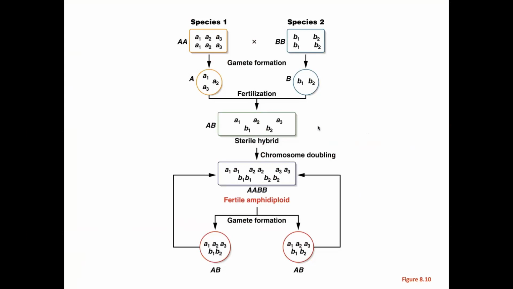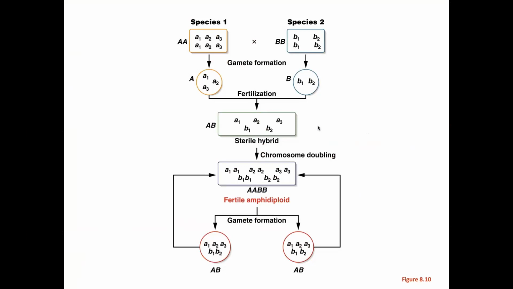And it's the formation of that tetrad that allows for the reductional segregation that occurs during anaphase 1, and then the equational segregation that takes place during anaphase 2 to produce functional viable gametes. So in this case, none of these 5 chromosomes have a partner to pair up with. So this individual would be sterile.